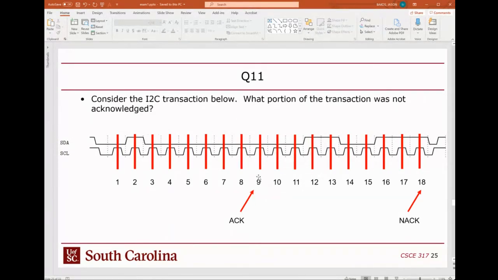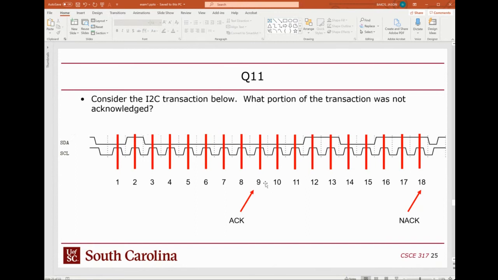That's kind of obnoxious, but luckily with I squared C it's a little easier. It's easier than SPI, at least in my opinion, to figure out where the bit slots are, because you're just looking to where the clock is high. To signify that, I drew a line through each time the clock was high, and then I numbered them. And so the acknowledgement bits would be bit 9 and bit 18.